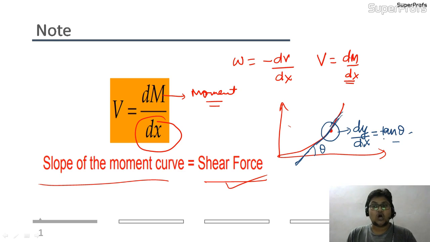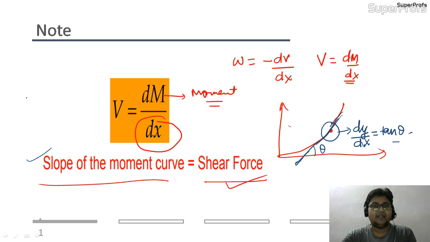The slope is always defined at a point only. It is not defined over a region. And whenever the slope is constant, like in the case of a straight line, the parameter we get from the slope is constant.